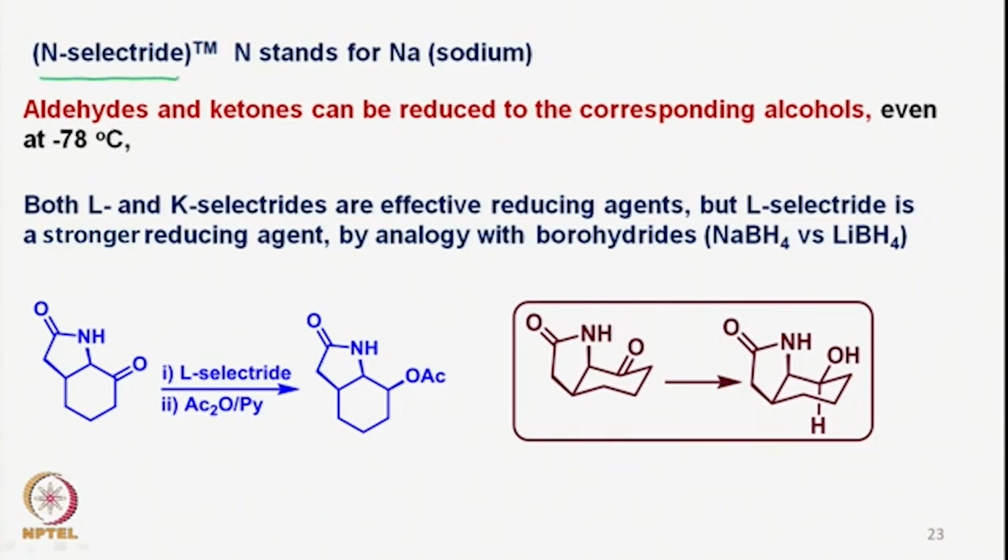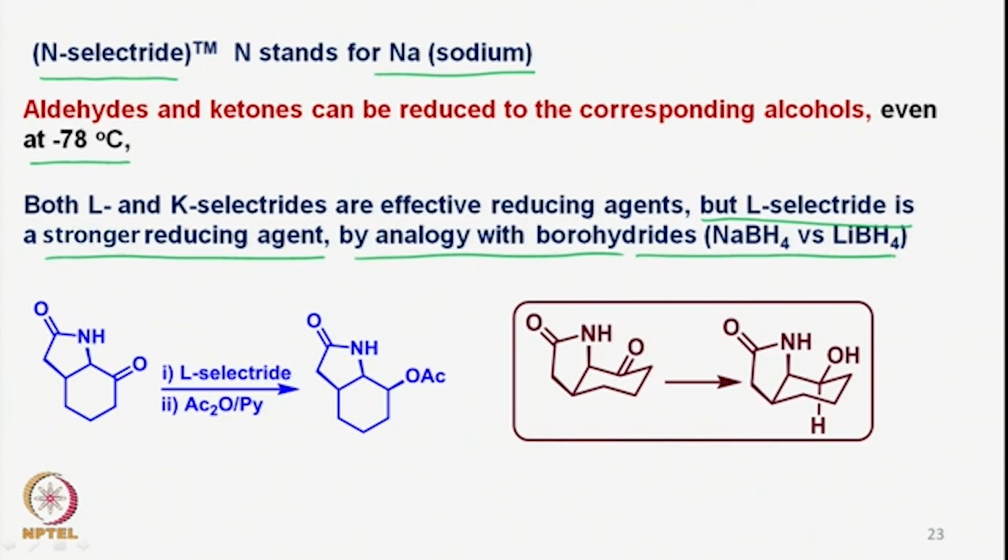If we take N-selectride, instead of potassium and lithium, we will have sodium in the reaction as a counter ion. Both aldehydes and ketones can be reduced to the corresponding alcohols even at minus 78 degrees, but both are very effective reducing agents, both L and K and of course N, but L-selectride is more normally utilized because of the chelation nature of the lithium plus, which is comparable with, say, sodium borohydride versus lithium borohydride.